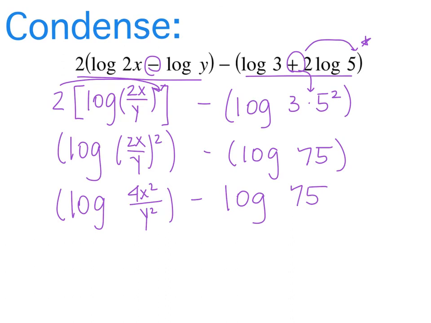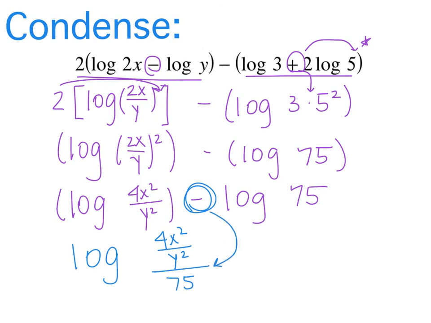So now I'm at the point where I've got 2 log expressions and I have a subtraction, so I can write this as log of 4x squared over y squared, all over 75. And from here I can just move my y squared down, knowing basic rules about rational functions. So my final expression is log of 4x squared over 75y squared.